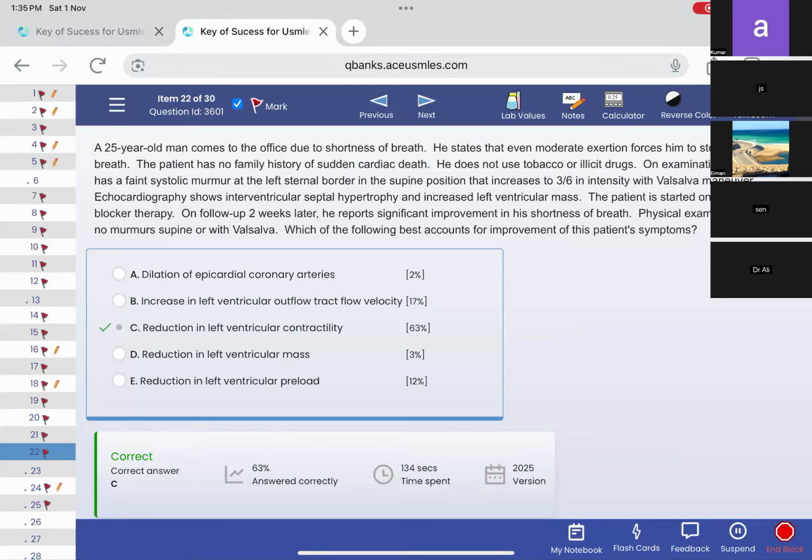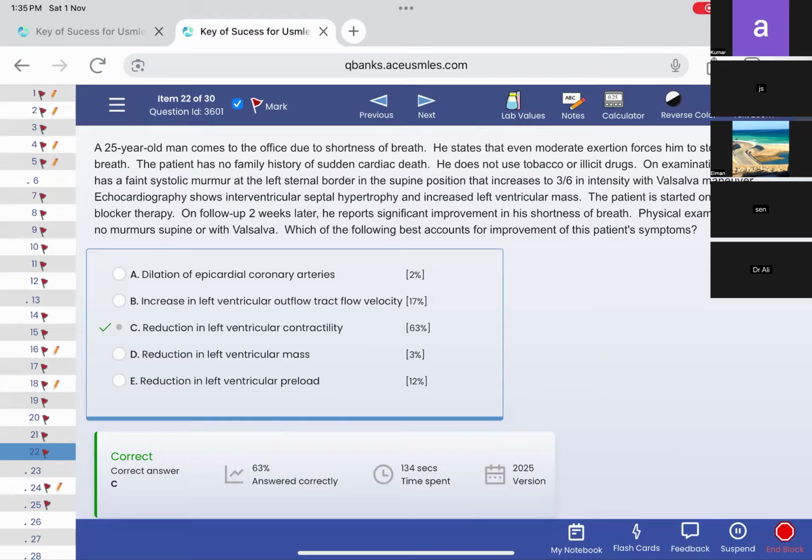Sir, does beta blocker reduce the left ventricular preload? Increase, right? Because it gives more time. I'm asking, can beta blockers reduce the left ventricular preload?